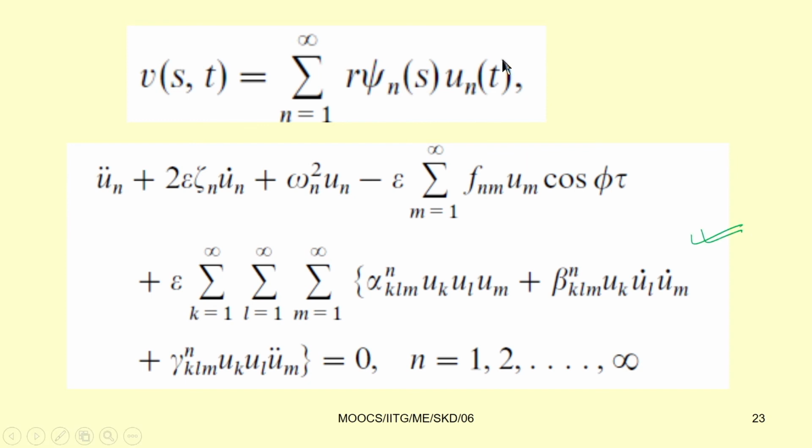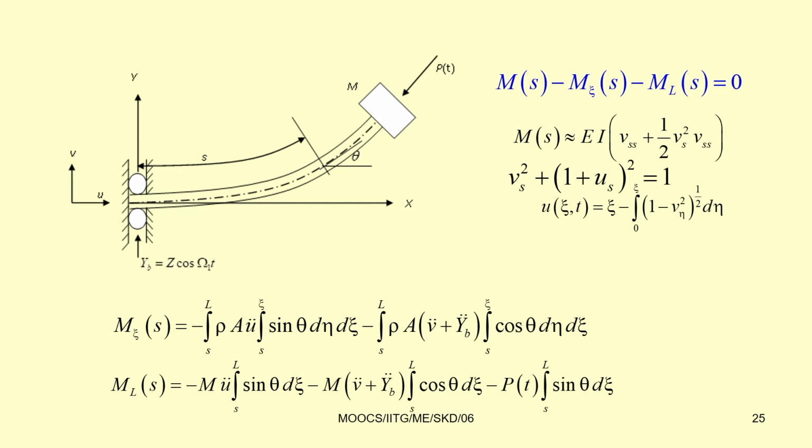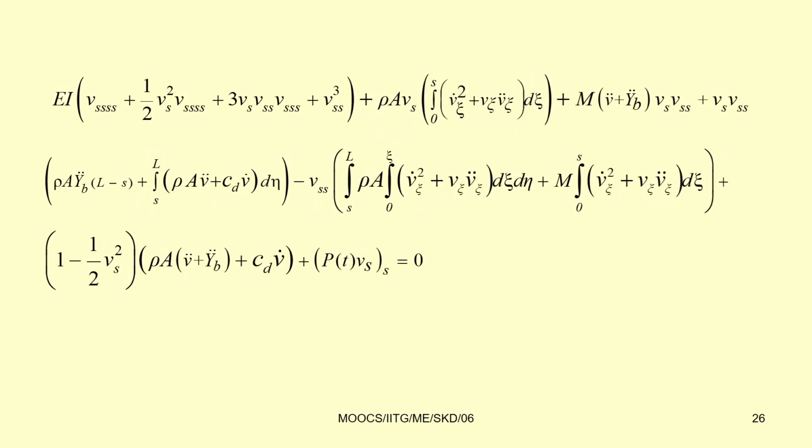By substituting this into the spatio-temporal equation, you get an equation in temporal form. As this shape function may not be the exact eigenfunction, there will be some residue. By minimizing this residue, one can get the temporal equation of motion. In this way one can get the equation of motion.